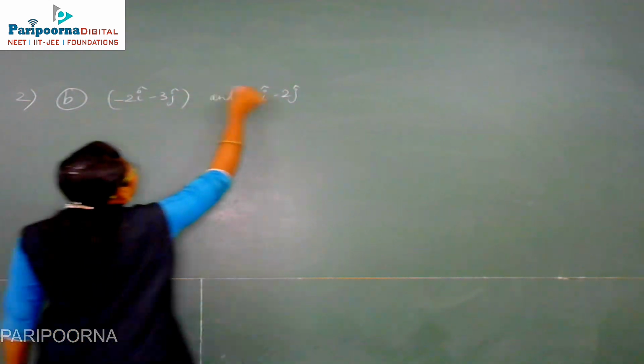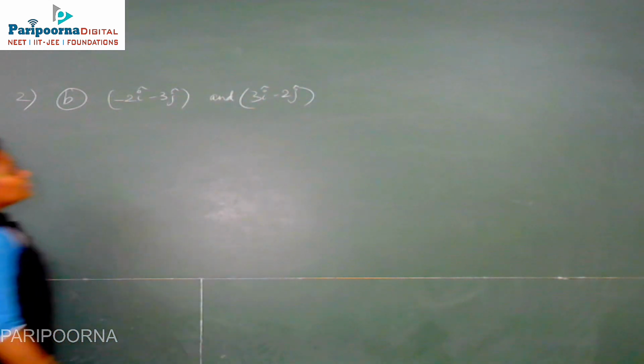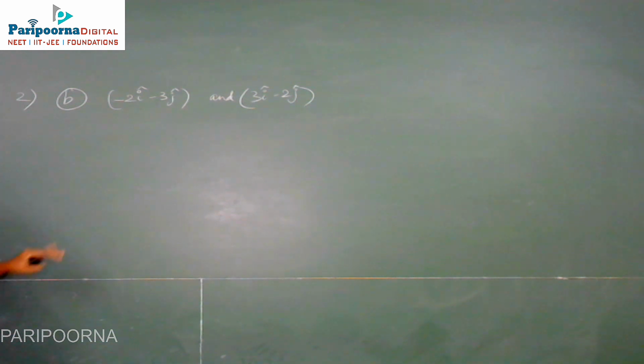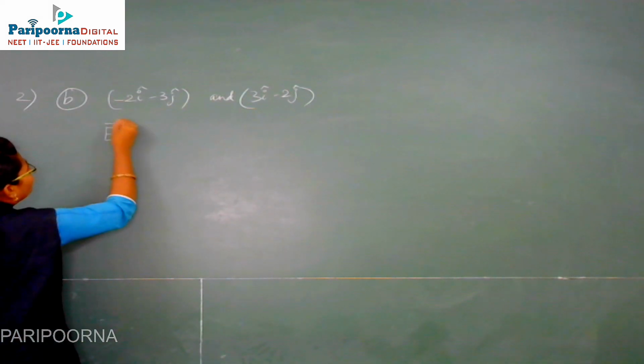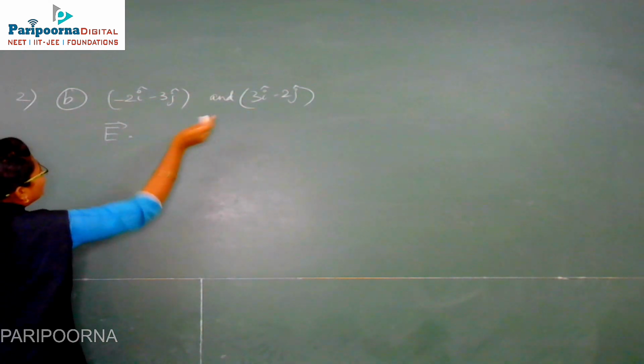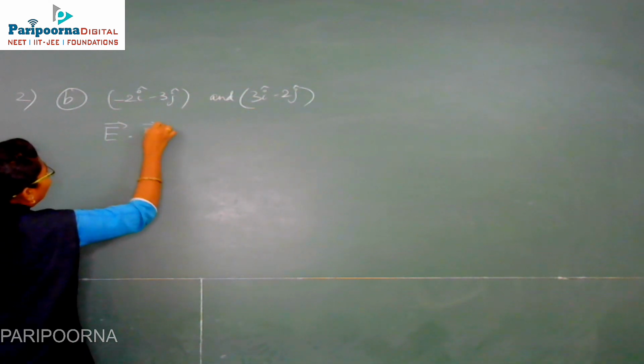Let me do option B for you, but you have to calculate for every option and find the correct answer. As I know B is the right answer, I am simply solving it for you. So, you can take this as E vector and B vector.